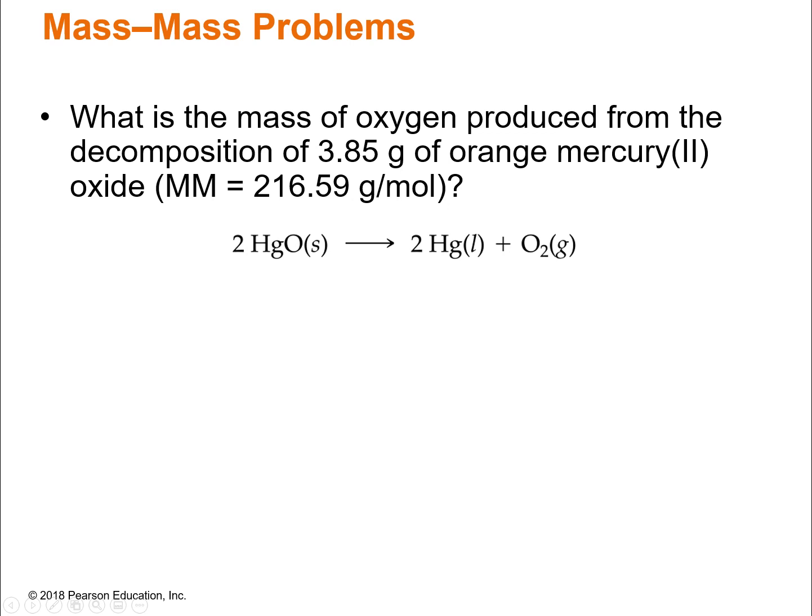So we're going to try the same problem, but with a different mass. So I want you to try this. Instead of the 1.25 grams, we've got 3.85 grams of the mercury 2 oxide. And we're trying to figure out the mass of oxygen produced.